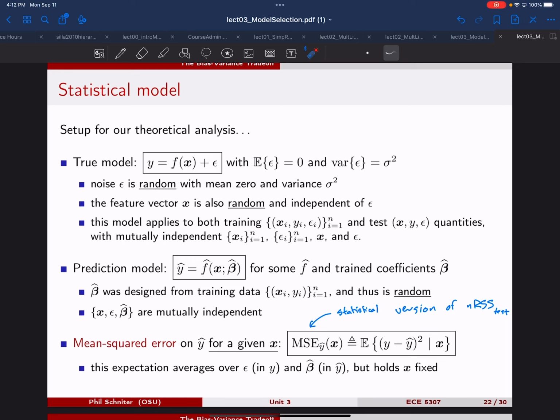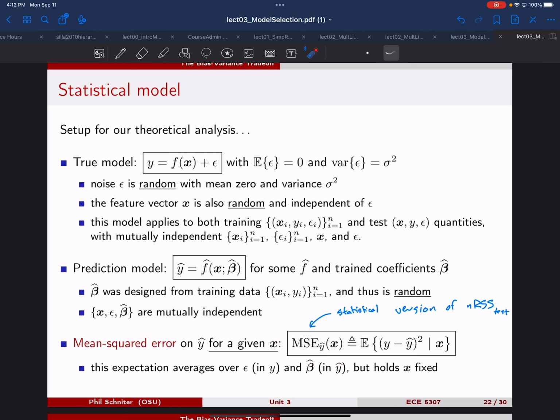Essentially, what we're removing with this averaging is all the noise in the test targets. So these guys are noisy, and these y hats are variable because they were designed with some training data, and the training data we're also treating as random. Okay, so that's our objective, to do this analysis.